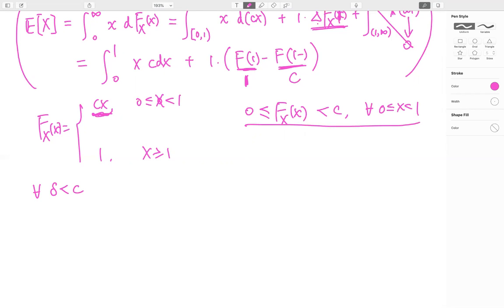So that's why I need to discuss delta less than c. Obviously, delta has to be greater than 0.